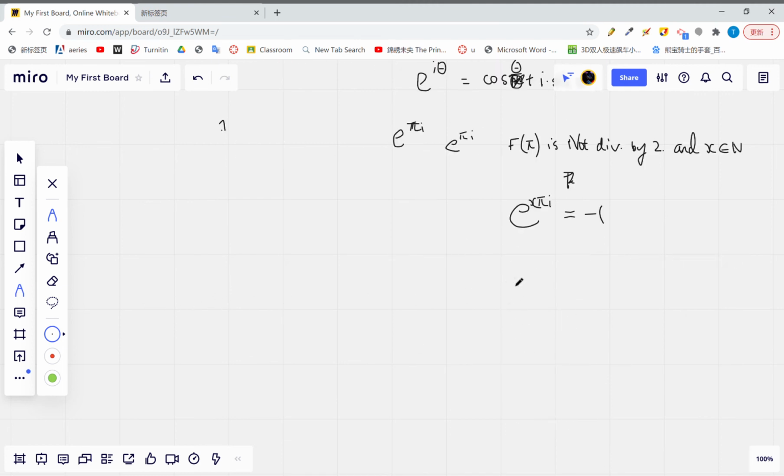And so if e to the x pi i, and x is an element of the natural numbers and x divided by 2 is a whole number, then this means that e to the x pi i is equal to 1.